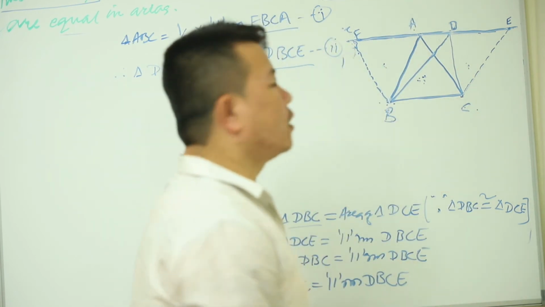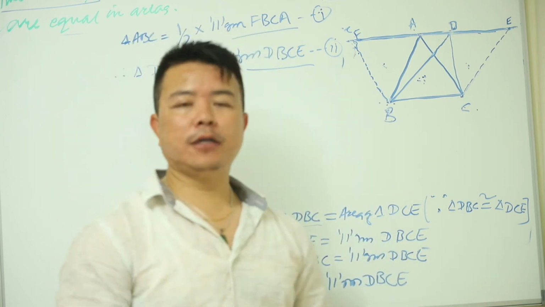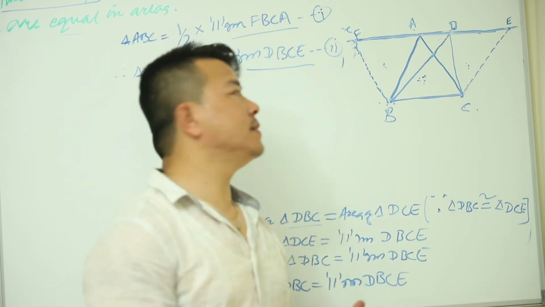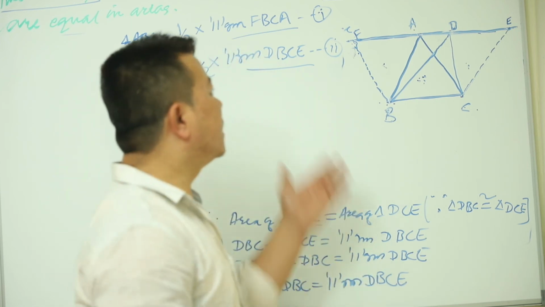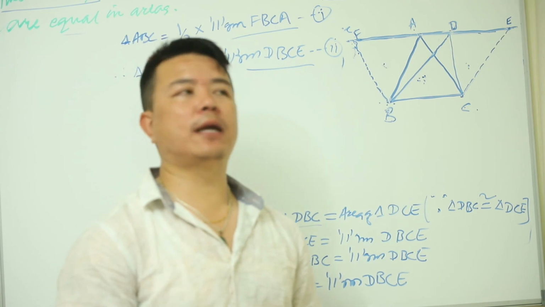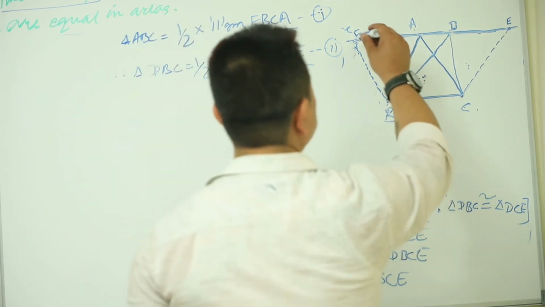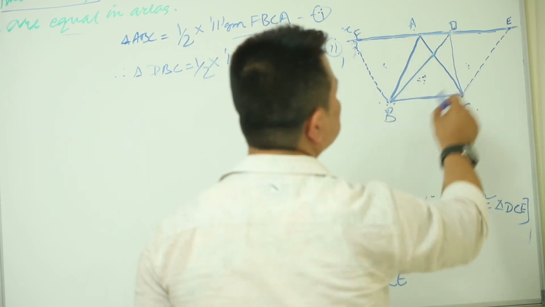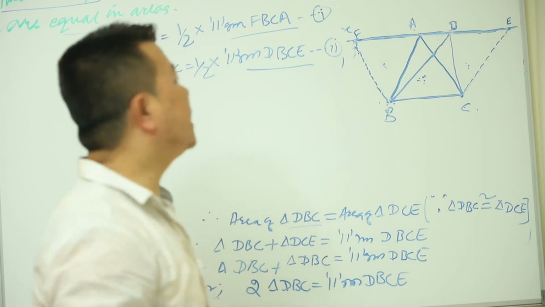In previous theorems on parallelograms we have learned that if 2 parallelograms stand on the same base and are between the same parallels, then their areas are equal. So what can you write? Their areas are equal.